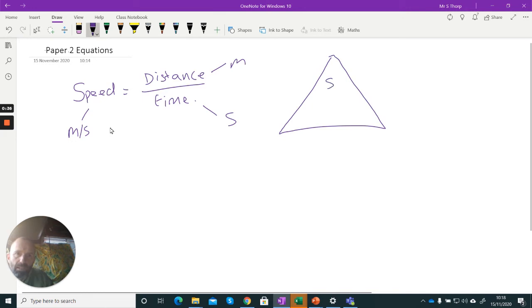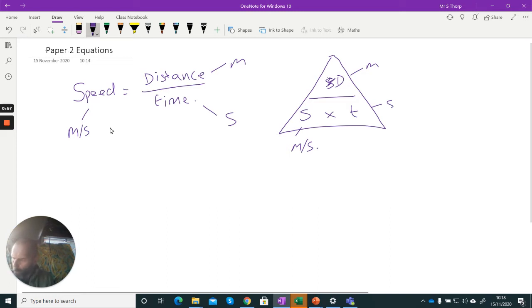So speed equals distance divided by time, and distance equals speed times by time. Okay, because it's on the top in the equation, so it's got to be on the top here. So distance, meters, time, seconds, speed, meters per second.